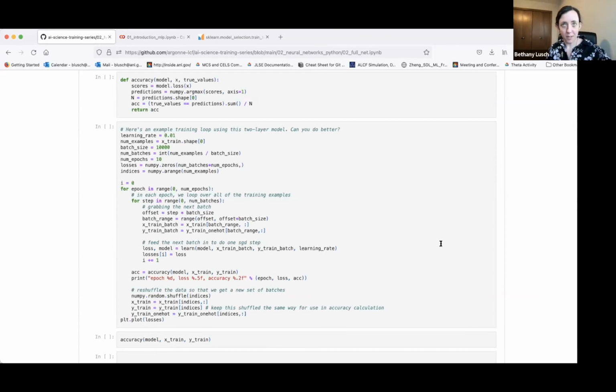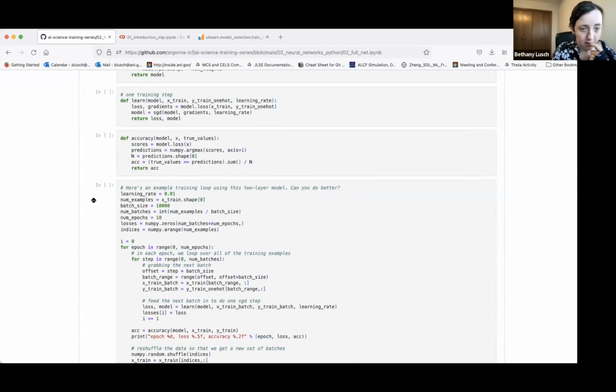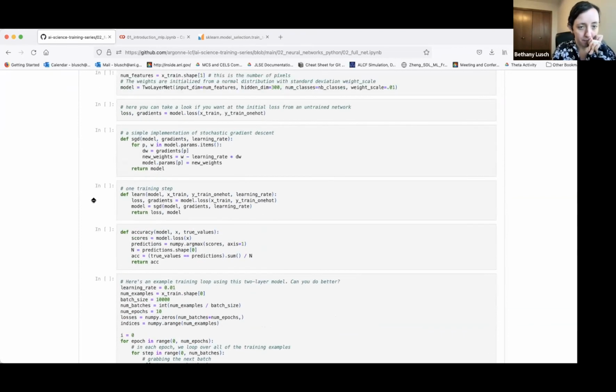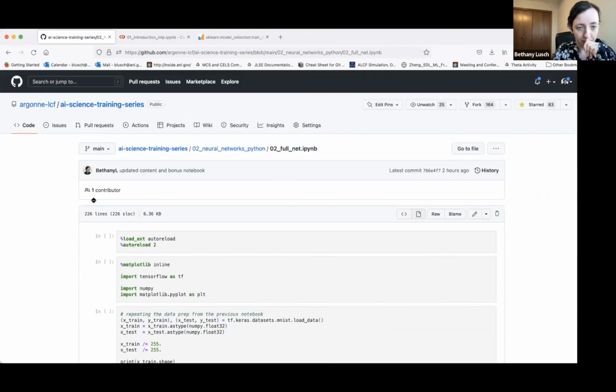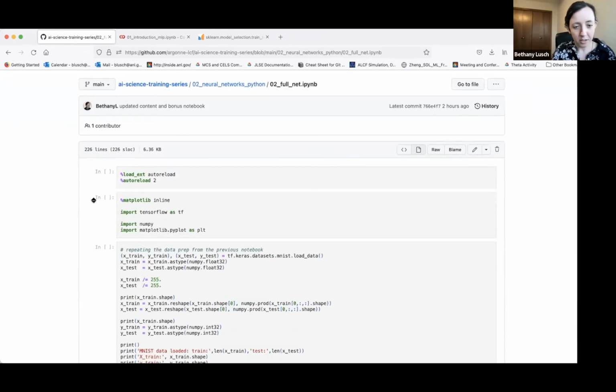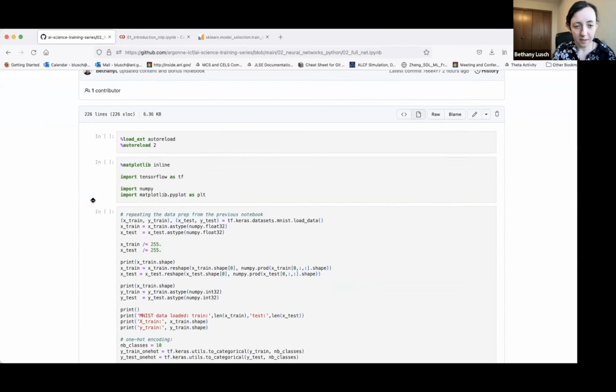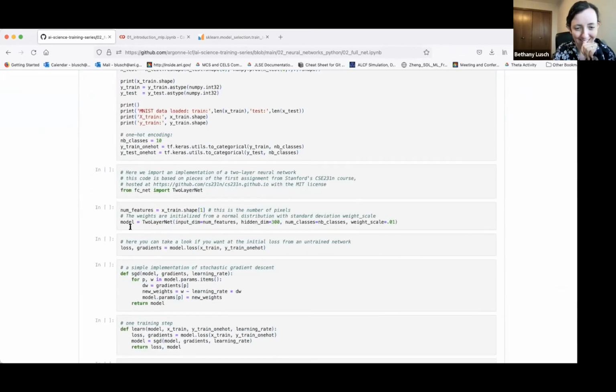Because when we search for this notebook in Google Colab, by default, it doesn't bring up all the other files in the repo, so these helper files I added. I'll put in Slack the extra lines to add. But of course, if you do this somewhere else, like on your own computer or on ALCF, then it's going to know how to import the Python file in the same folder.